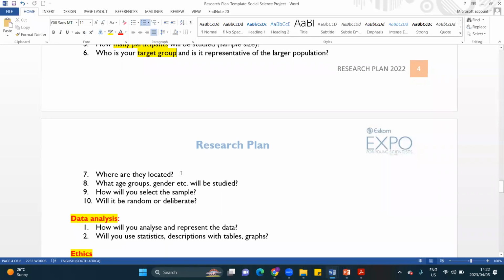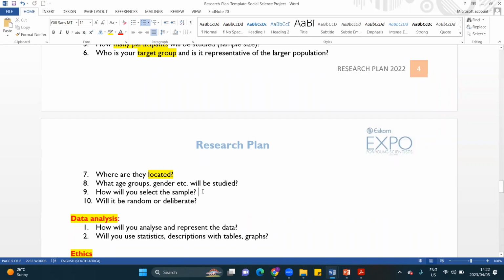How are you going to select these participants? Where are they located? Are they going to be children from the school? Are they going to be people from the community? Is it going to be parents? Are you looking at only principals of schools, right? The age group, we spoke about this, and gender, okay?